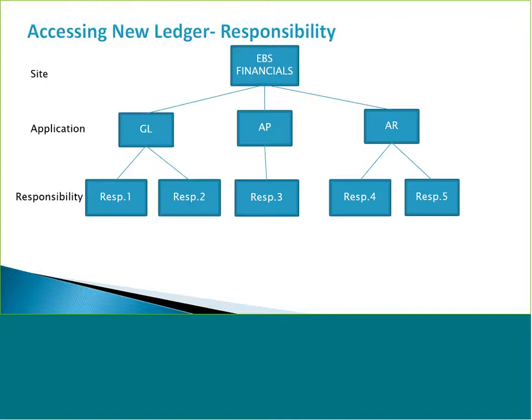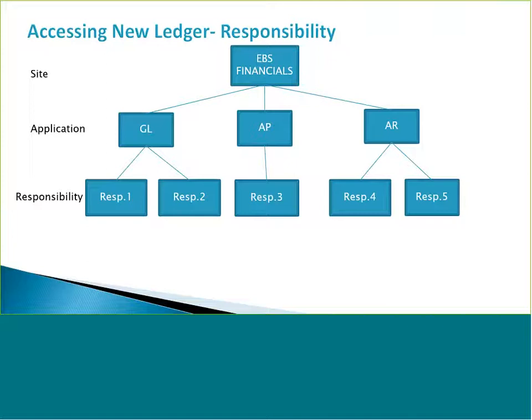Let's look at this diagram, which will help us to understand the concept of responsibility much better. So this is the hierarchy of the Oracle Financials e-business suite, right? At the very top, what we call the site level, we have the installation of Oracle Financials.